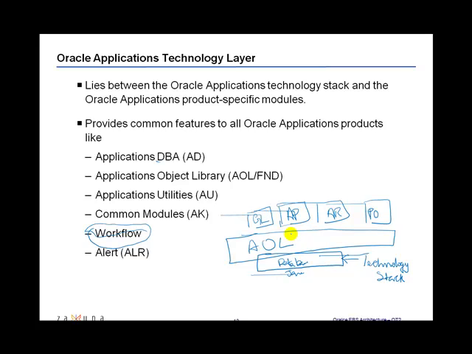Once an invoice is created, let's say the organization wants to make sure that before an invoice can be paid, it is routed through an approval process.